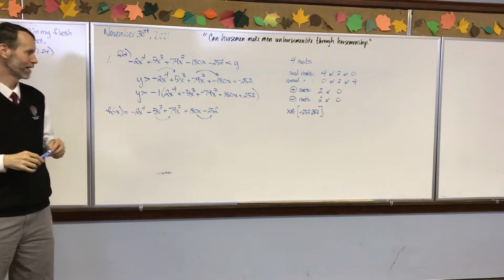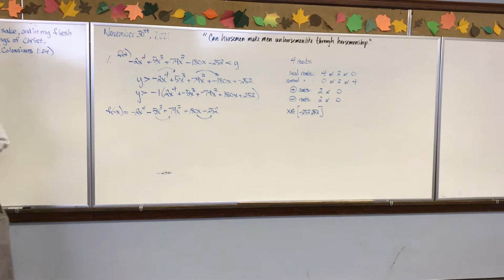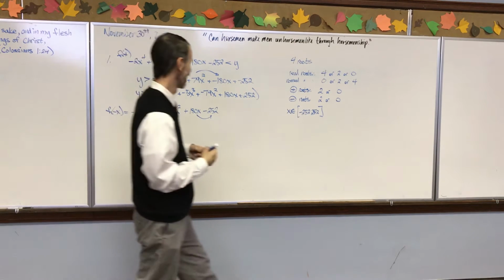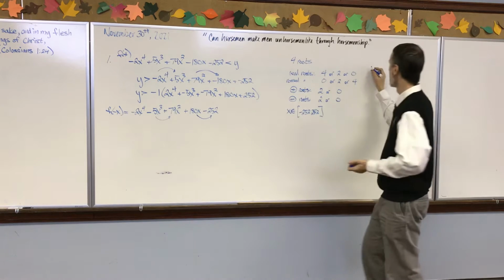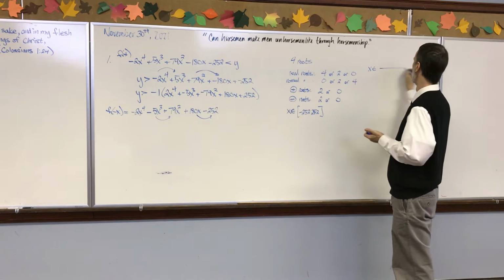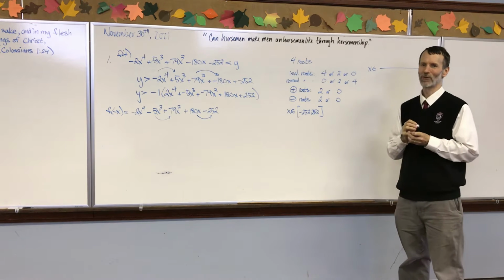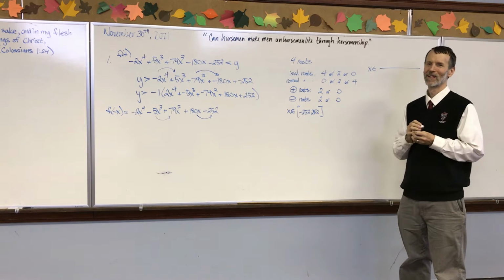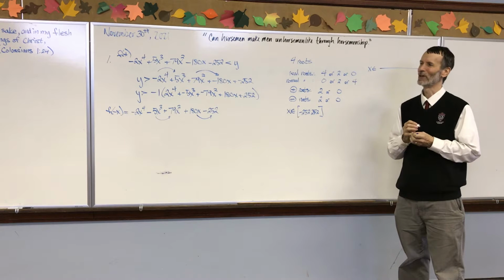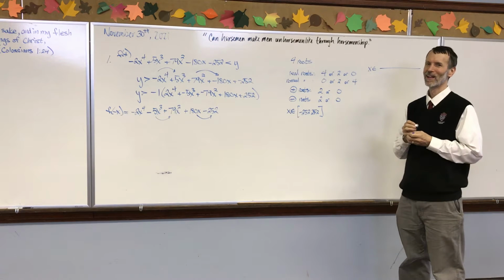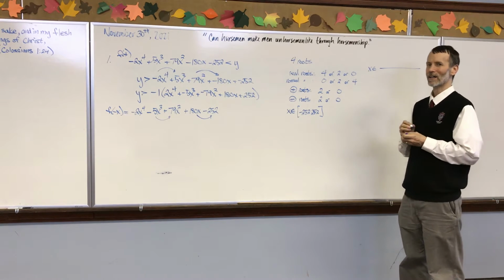Can anybody tell me the list of all possible rational roots? Josh. How do you get the possible rational roots? From the rational root theorem, how does it work? I'll give you a hint.